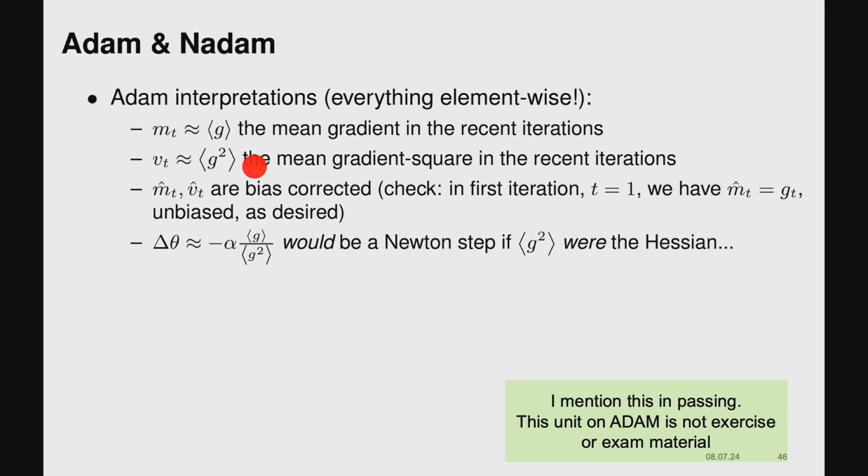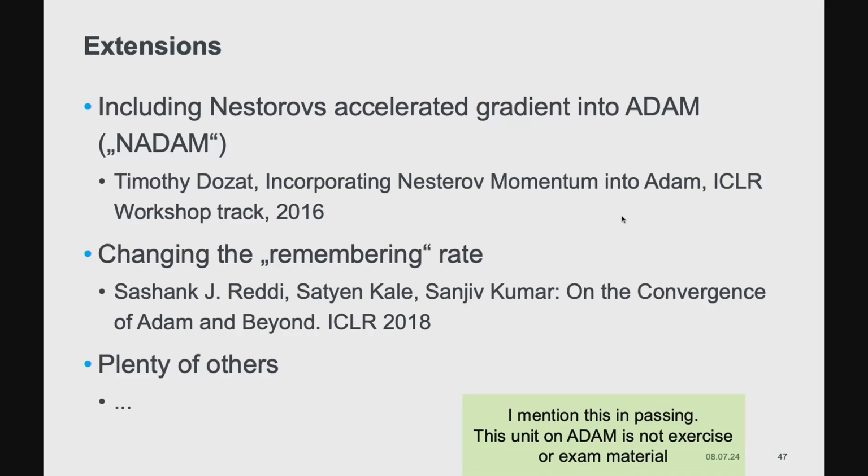This is, of course, a very coarse approximation of the Hessian. But it's easy to compute, and one achieves in general better results than with the simpler methods.